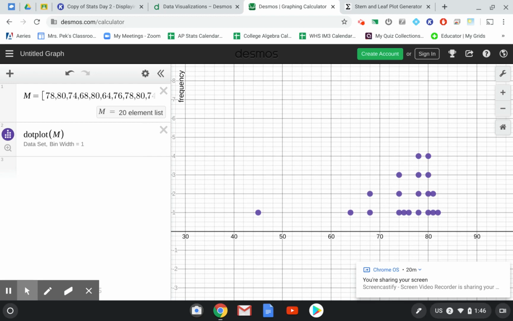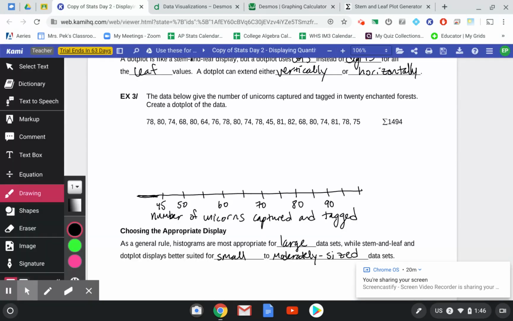And then we could just copy the dots down. I'm not as big of a fan of a dot plot as the other ones. I think I prefer stem and leaf and histograms, but it's nice to have options. So the first one we have here is 45, and just like when we were doing the stem and leaf, we want to align our dots.